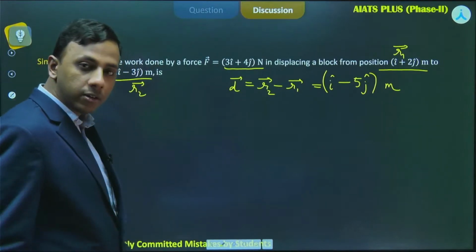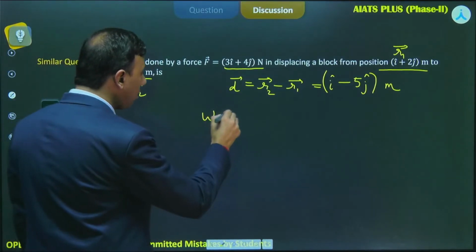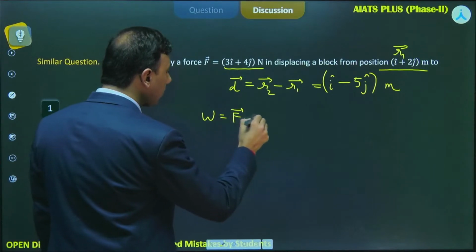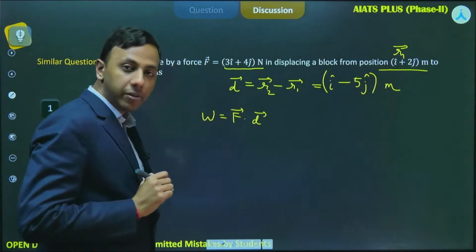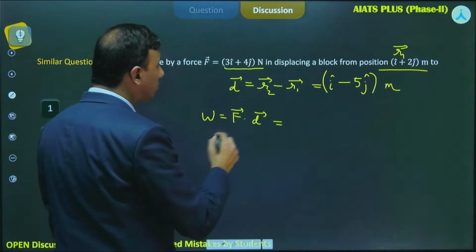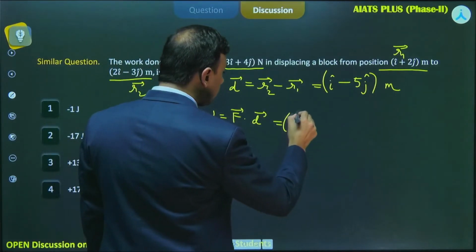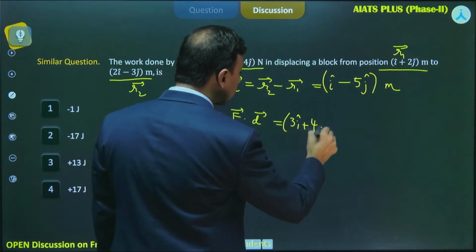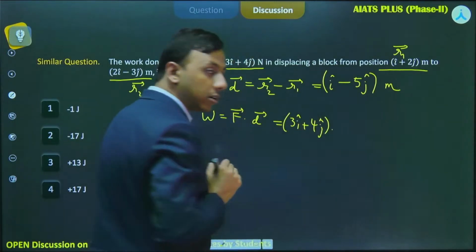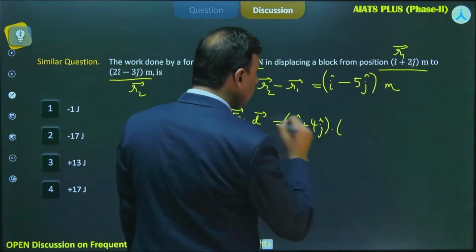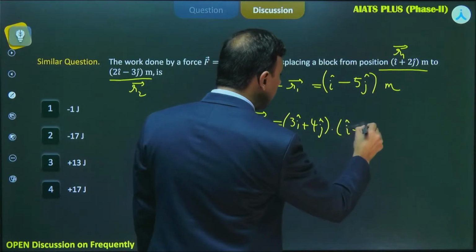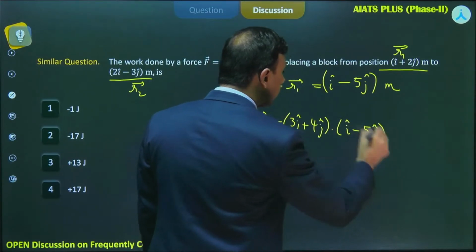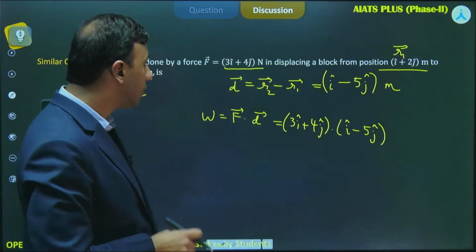Force vector is also given, so you have to find work done. Use the direct formula, F vector dot d vector. So F vector is how much? 3 i cap, and 4 j cap, dot d vector, which is i cap minus 5 j cap, right?